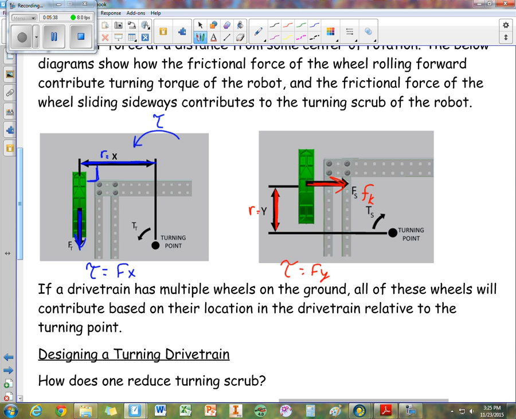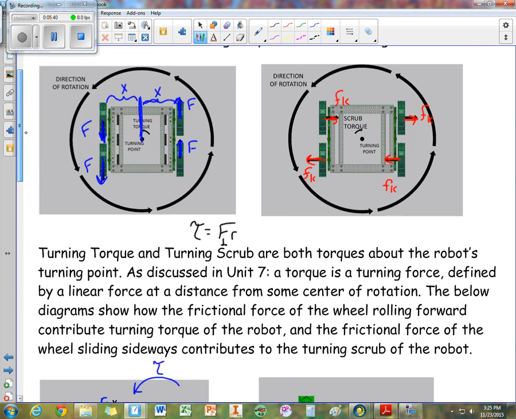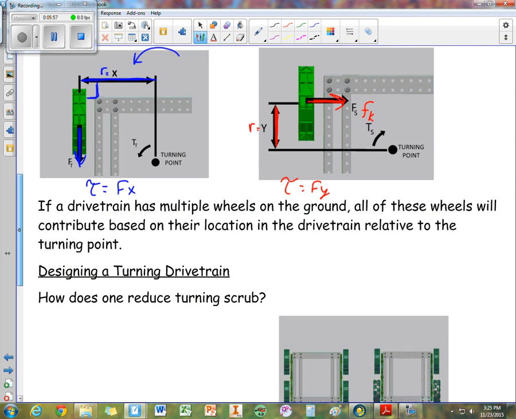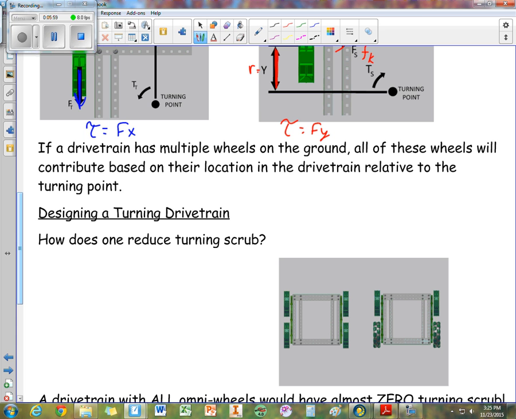And it's an opposing torque. So up here, that would be your value for y. Now, if a drivetrain has multiple wheels on the ground, all of these wheels will contribute based on their location to the drivetrain relative to the turning point.